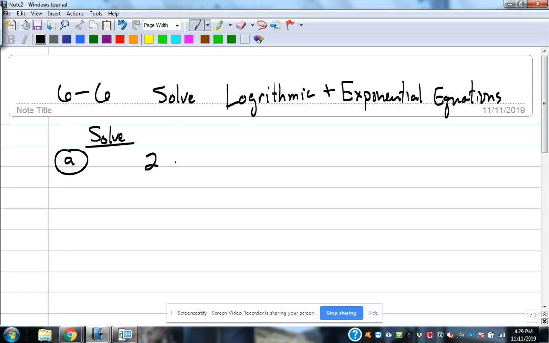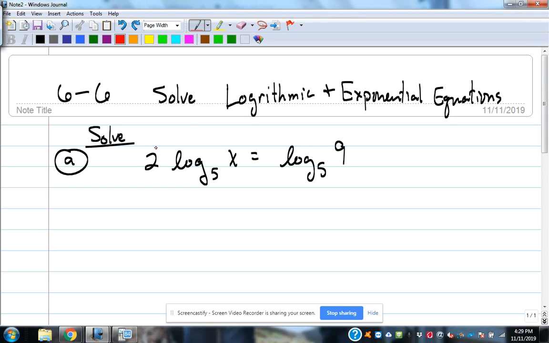So 2 log base 5 of x is equal to log base 5 of 9. The first thing you want to do is look at each side and decide, can I condense either side? On this one, yeah, this side has that 2 hanging out on the front.